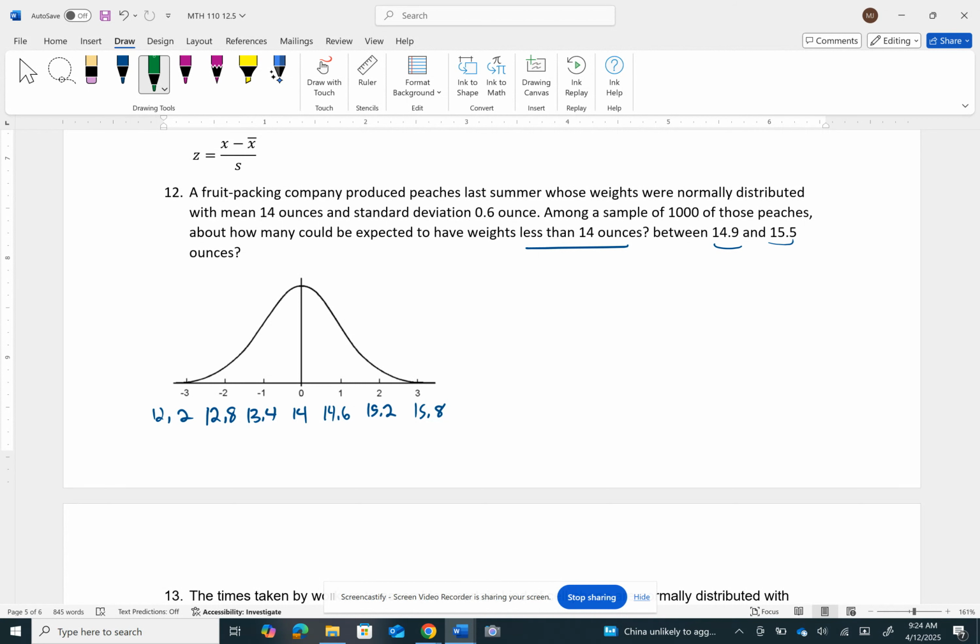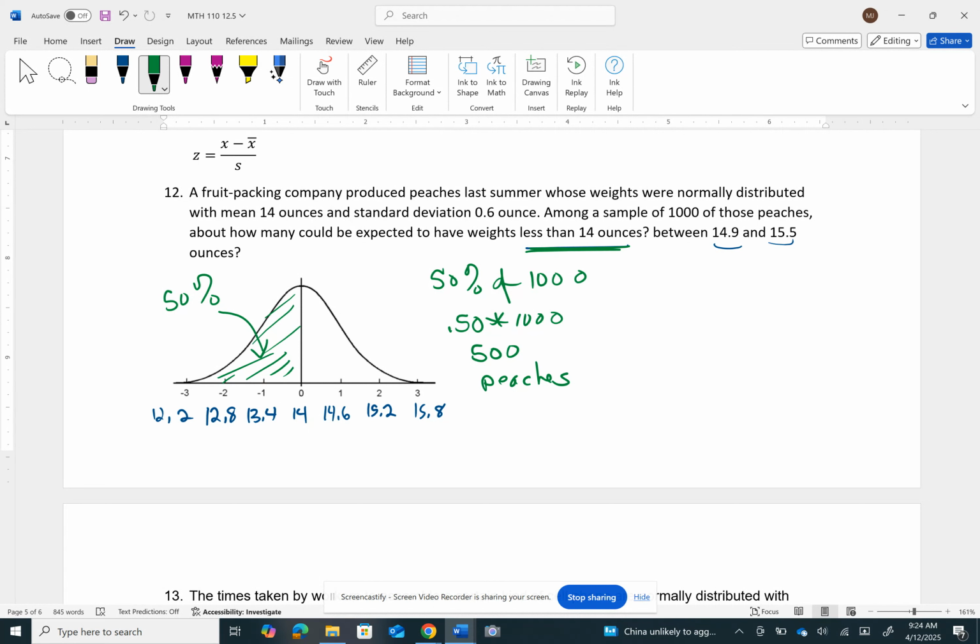So 14 ounces is the middle, less than that over here. Okay, so I'm going to do this one in green. Wouldn't that be 50% of them? So we would take 50% of the 1,000 peaches, 0.50 times the 1,000 means about 500 peaches would have weights less than 14 ounces.